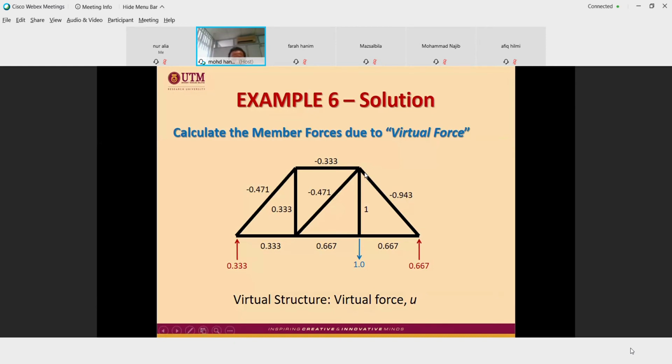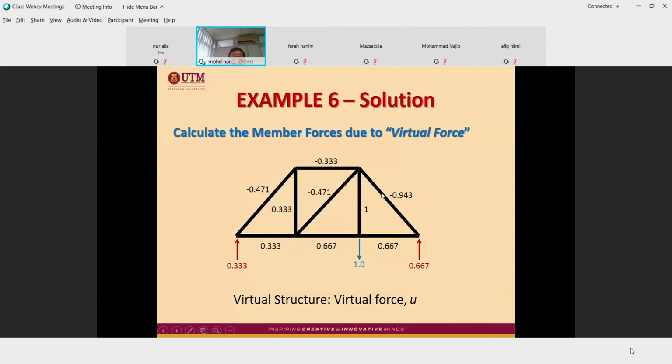But if your member forces are not correct, you will get the deformation value not correct, which means you lose 80% of the marks. So to determine this force is very, very important.